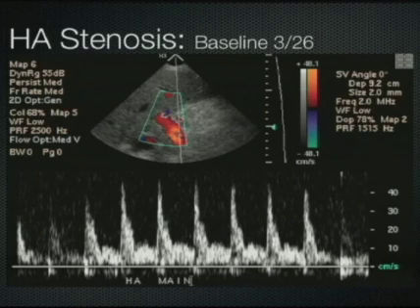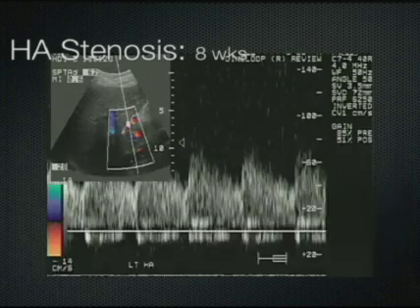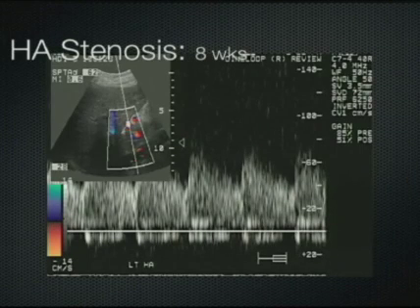Here's actually a clinical example in a patient with a liver transplant. Shortly after transplant, the baseline study shows a normal waveform with a high systolic amplitude and flow continuing throughout diastole. 8 weeks after transplantation, we see a somewhat different waveform in that the systolic amplitude is reduced.